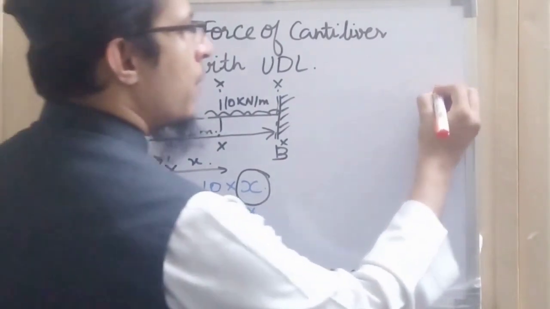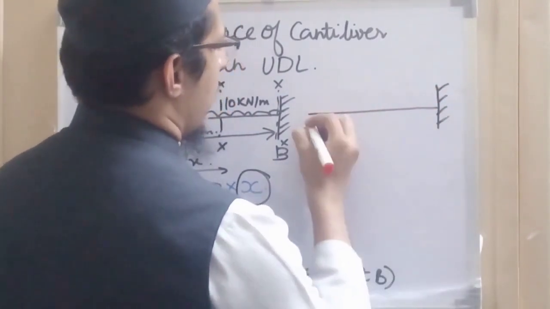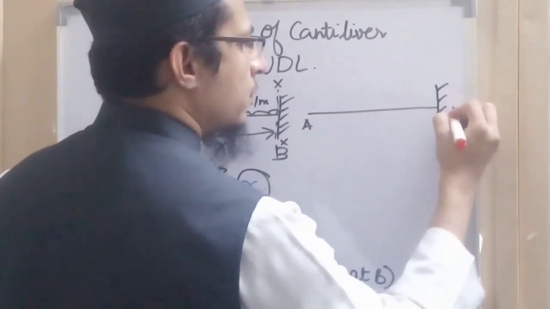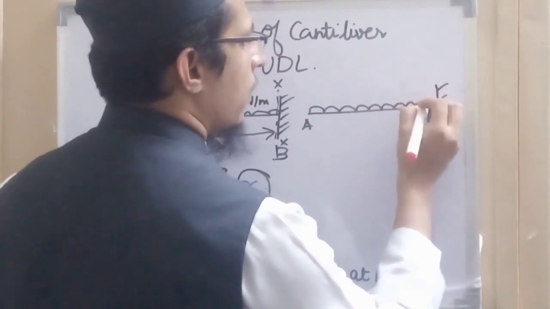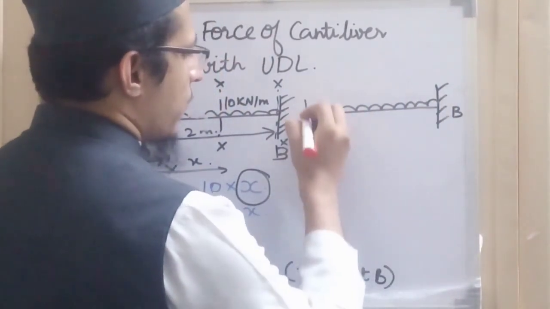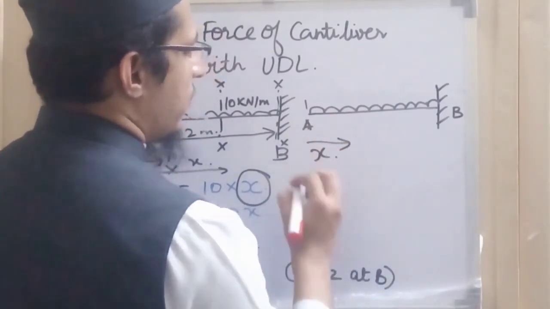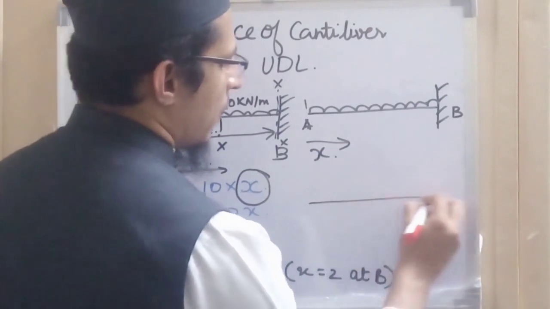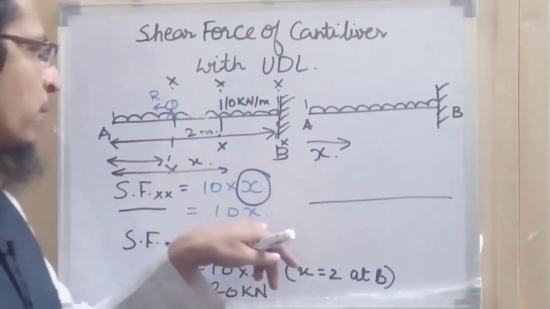Suppose this was the beam AB and we have this UDL acting here. From the free end, as we move in the x direction, as x is increasing, you can see the shear force is increasing, 10 into x.